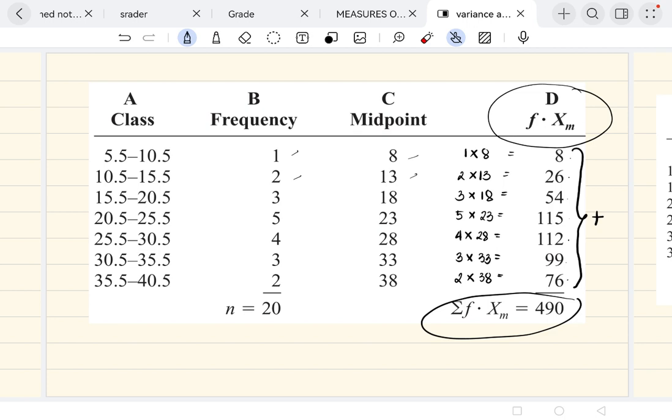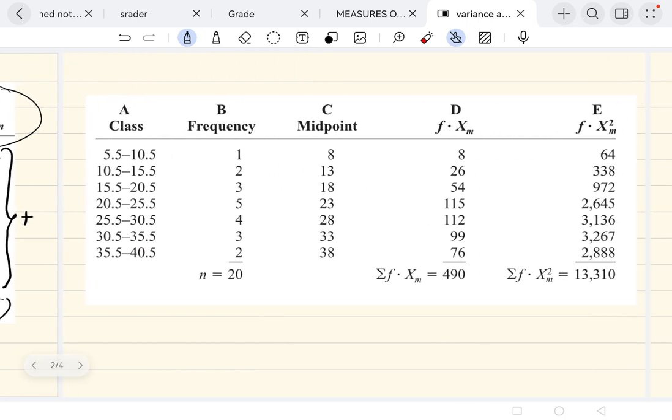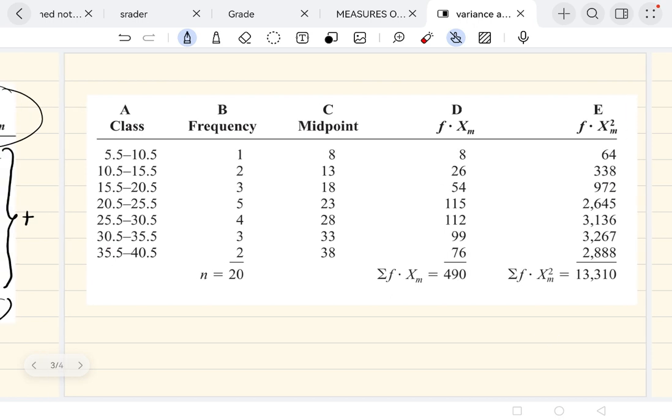For our next step, we multiply the frequency times the midpoint by the midpoint, the X M. That is why we have frequency times the midpoint squared. So we have 8 times 8, that is 64.